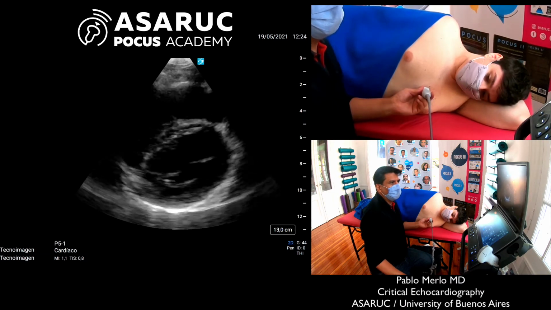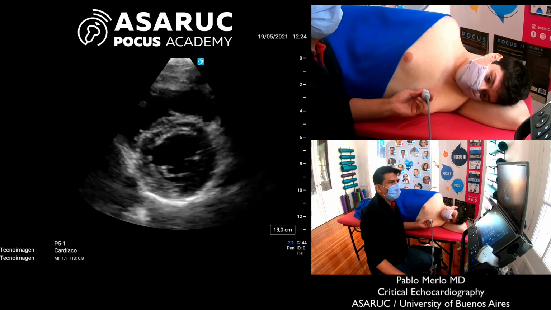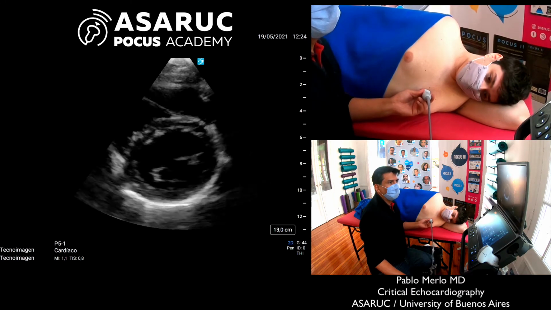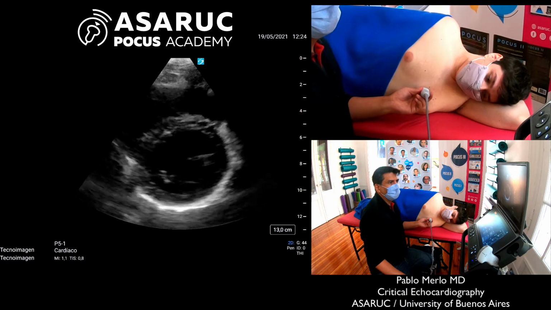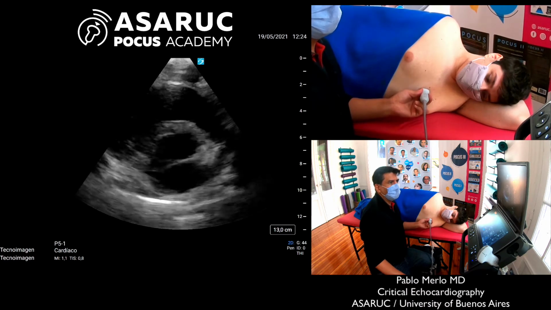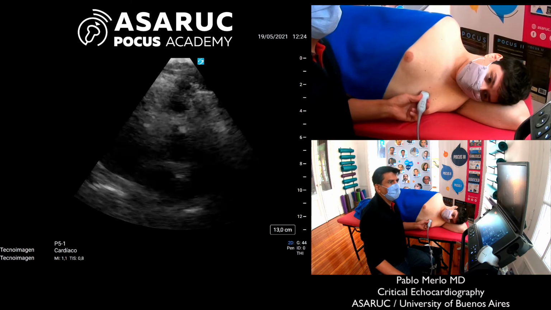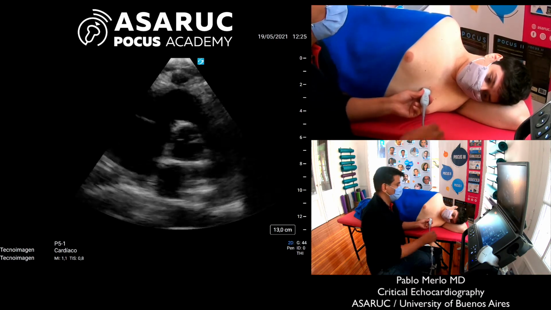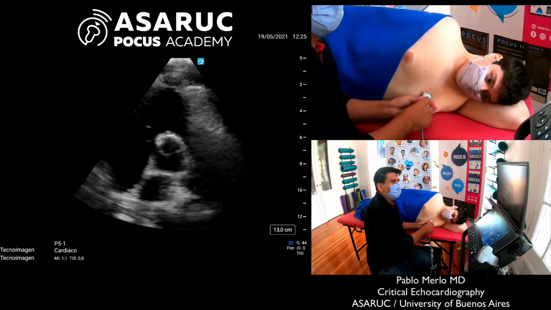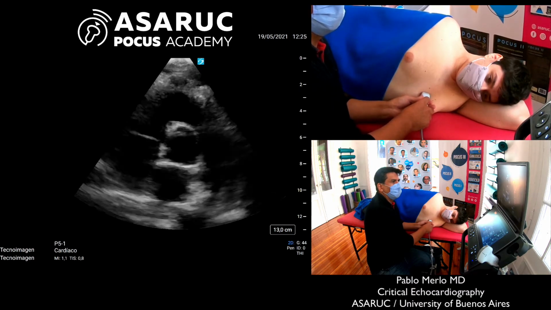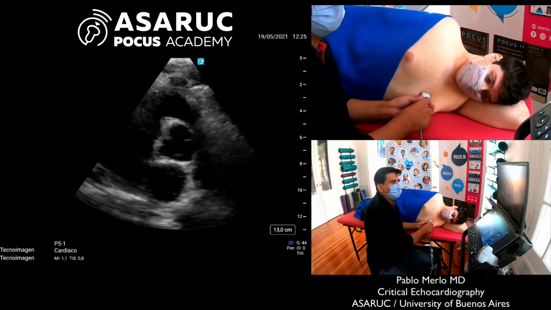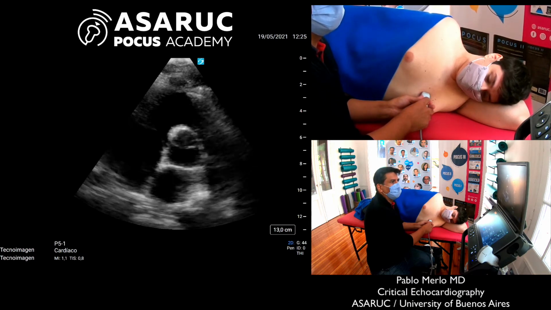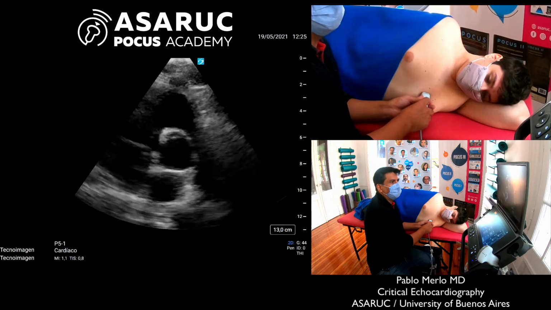Still on the short axis view position, by lowering the transducer cable, we'll be able to go through the different short axis views, from the mitral valve view to what we can see now, a short axis view of the great vessels, on which we have the aortic valve in the center of the screen.